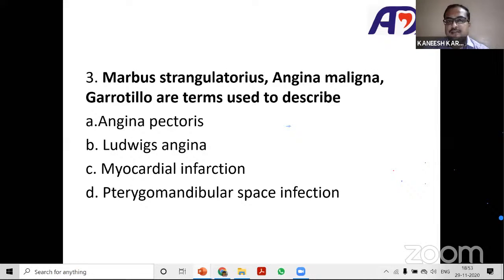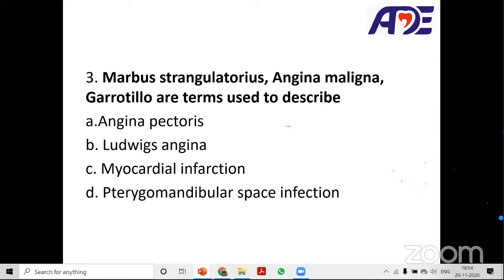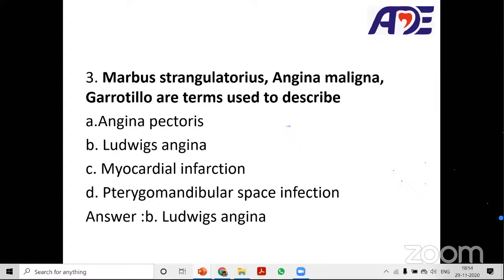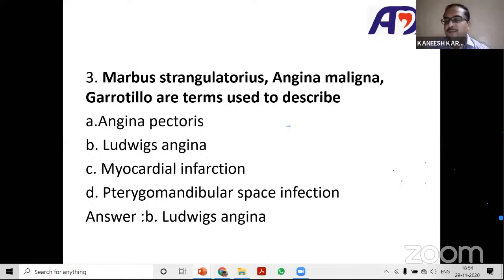Morbus strangulatorius, angina maligna, and Garotillo are the terms used to describe Ludwig's angina. This is given in the Arnelima Anil Malik book. Morbus strangulatorius is because it feels like somebody is strangulating you.